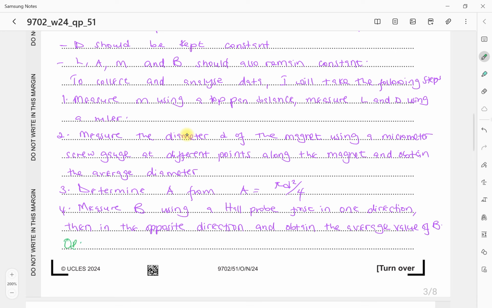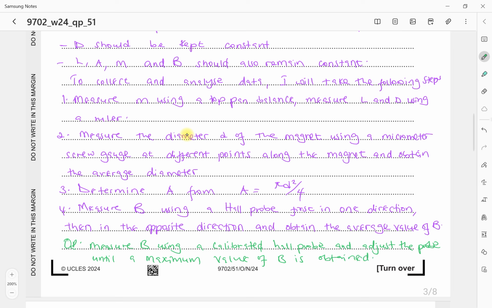Or you would say measure B using a calibrated Hall probe and adjust the probe until a maximum value of B is obtained.